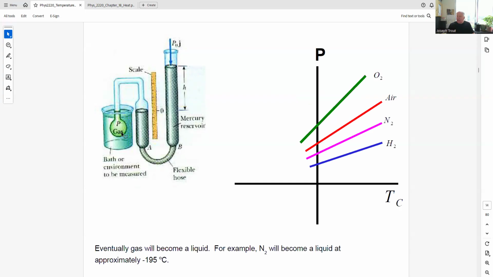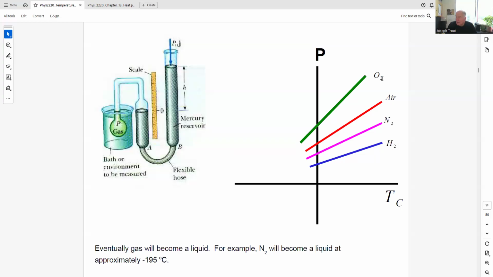What we found is that if we use air, for instance, eventually the air will turn into a liquid when it gets cold enough. And if we use different gases, we find that there are different slopes, but they all will eventually turn into a liquid when they're cold enough.